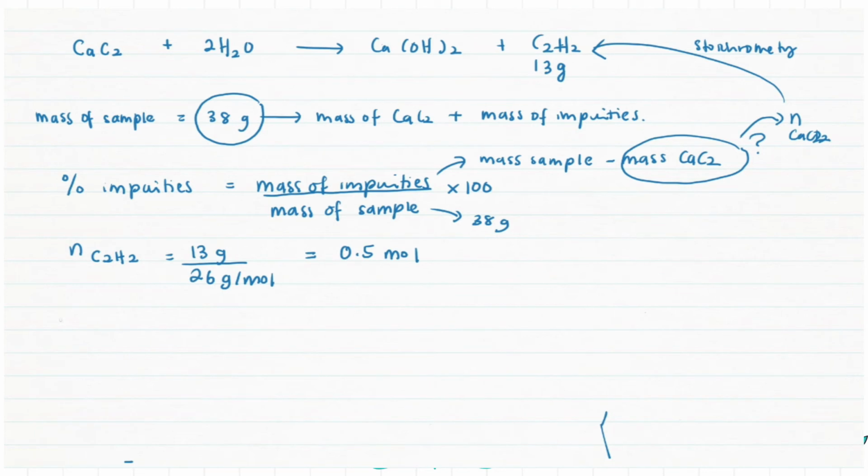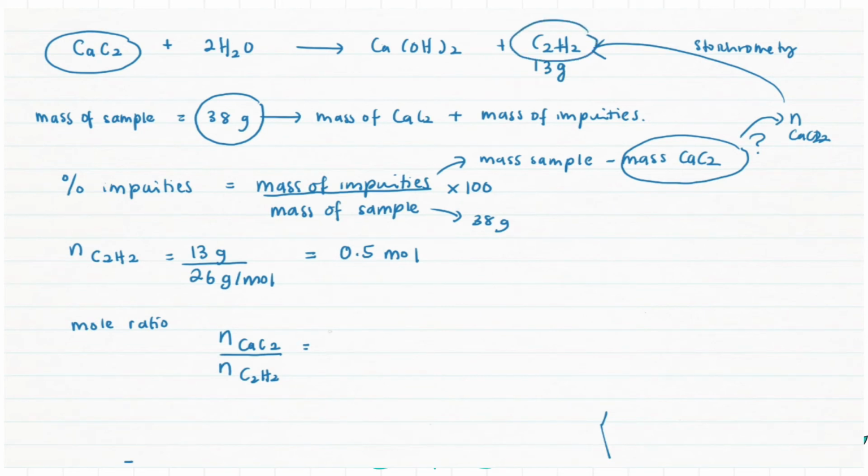Now, using the stoichiometric relationship, the mole ratio of CaC2 to C2H2, we look at the balanced equation: CaC2 is 1, C2H2 is 1. So 1 over 1.